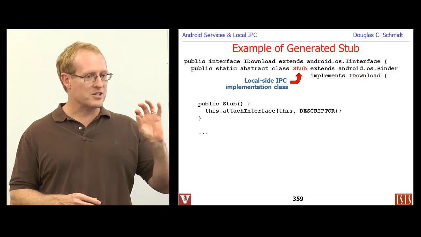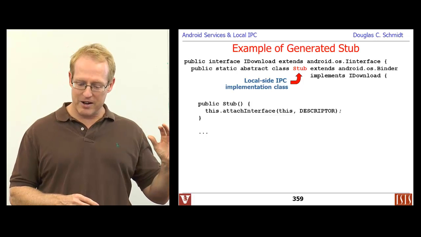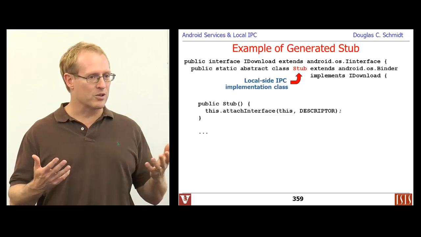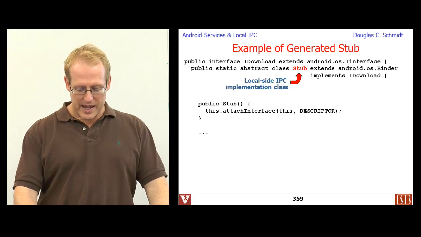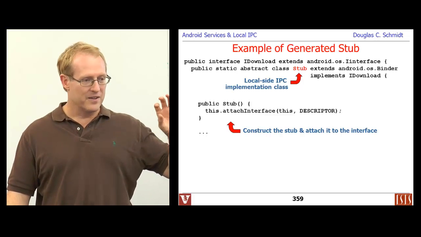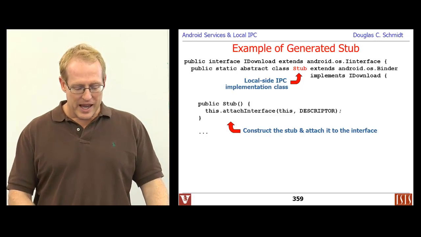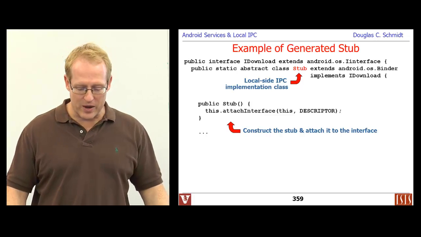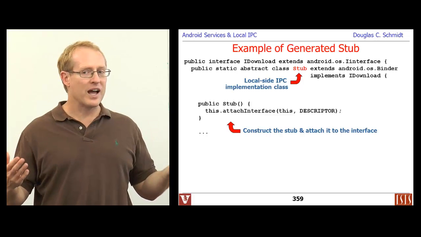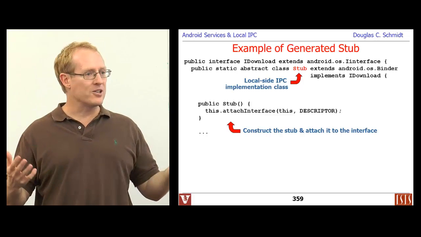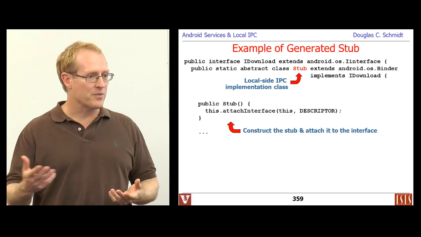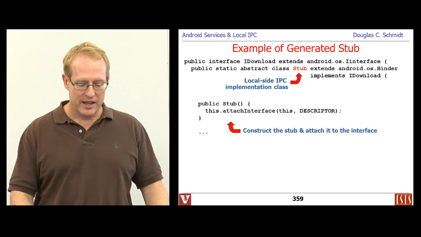So there's a class called Stub, and it inherits from Binder, and it implements the download interface. Basically this is the thing that's going to be on the implementation side of the house. And then there's a constructor for Stub that's going to go ahead and register an instance of this object with the underlying Binder framework. So that's how the Binder framework knows that you've got an object that needs to be dispatched. It registers it by using this thing called attachInterface.